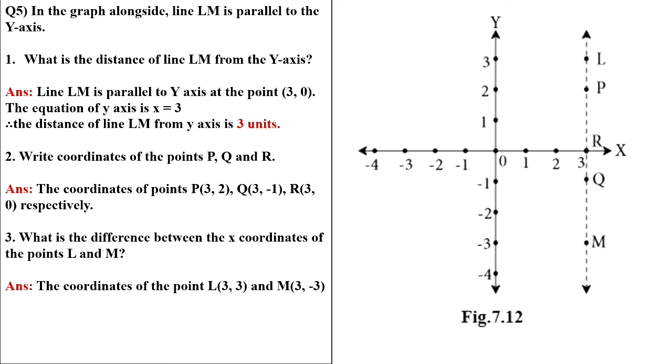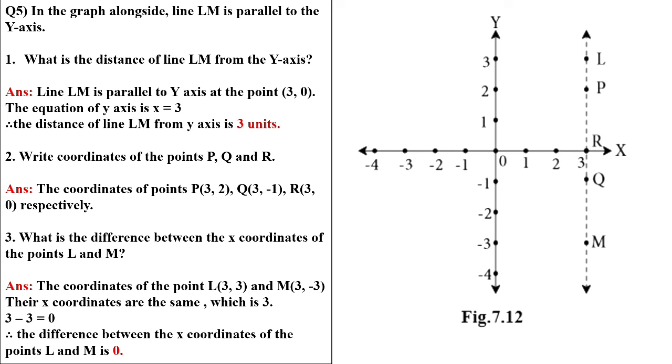So here we need to find the difference between the x coordinates of the points L and M. For L, x coordinate is 3. For M also, x coordinate is 3. Both are the same. Now, to find the difference we have to subtract the x coordinates of L and M. 3 minus 3 is 0. The difference between the x coordinates of the points L and M is 0.